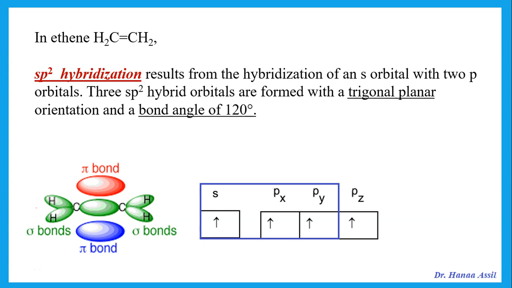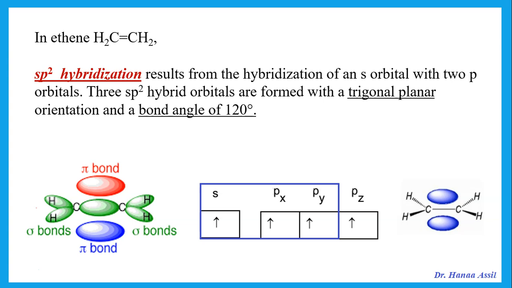Now to arrange 3 shared pairs of electrons so that they have minimum repulsion, this would be a trigonal planar structure with bond angle 120. What about the pi bond?